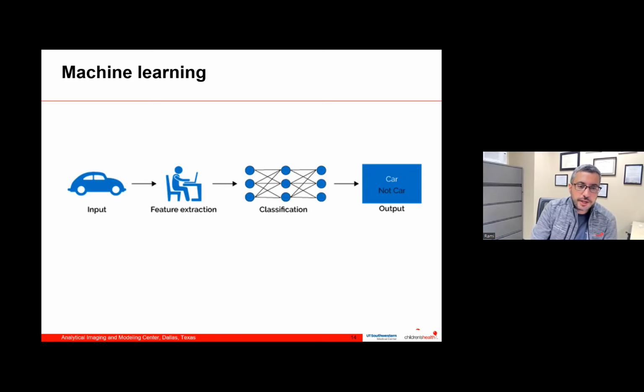Just like our brain did with the celebrities, we try to find features of them to figure out who they are. And once we do that, we have to classify these features into ways that we then label them as an outcome. For example, if we put a car into our model, we have to extract features of a car and then classify it to make sure it's a car, not an animal, and then label it as a car. And feature extraction is something very important for our models to be successful.